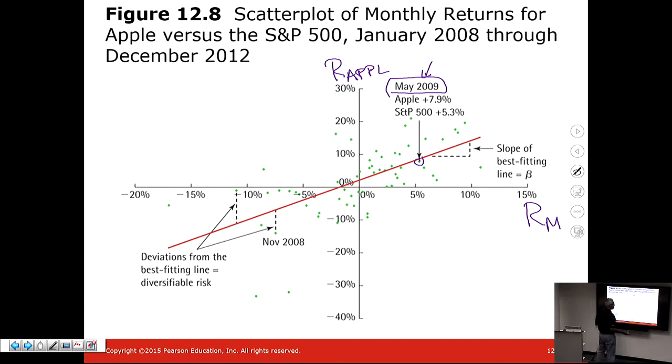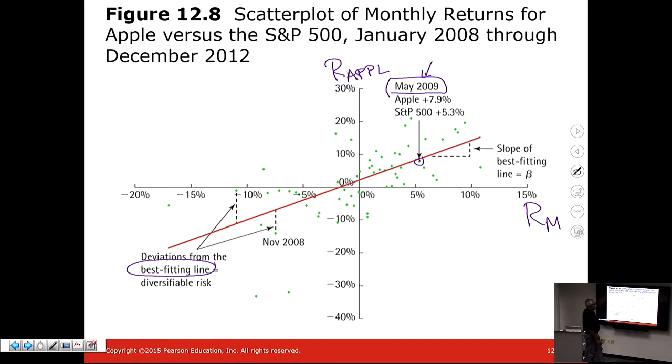Once I have these dots, I can see that there is a trend. These dots are kind of bunched up like this, not as linear, but certainly trending upward. I can then give it more meaning by drawing what is called the line of best fit, or the line of least square errors, or simply the regression line, and that's the red line there.